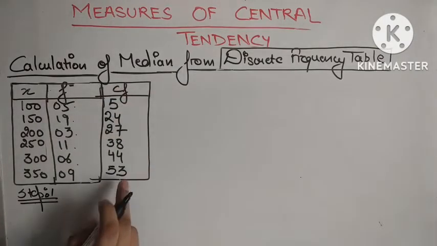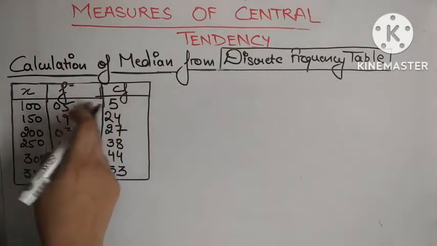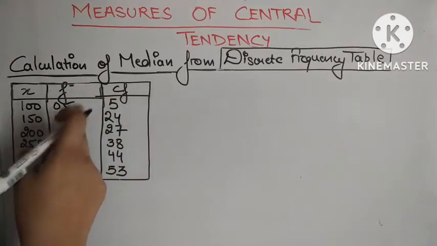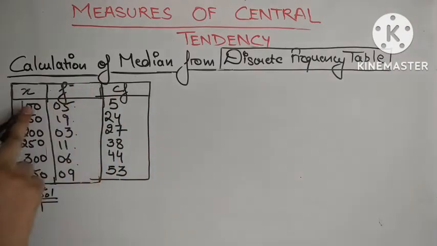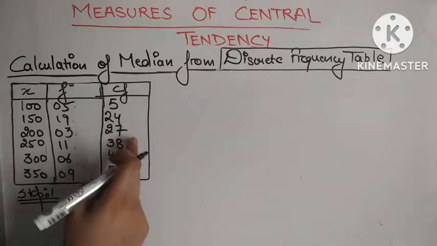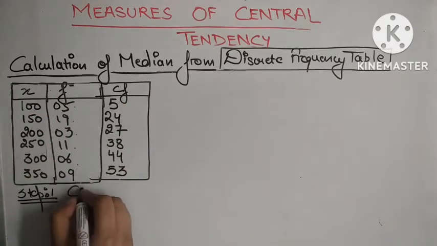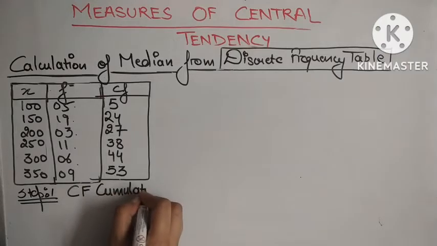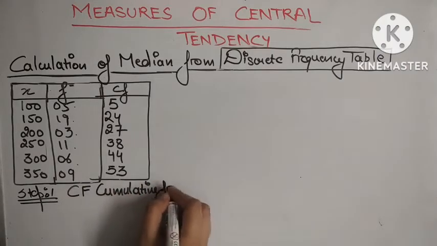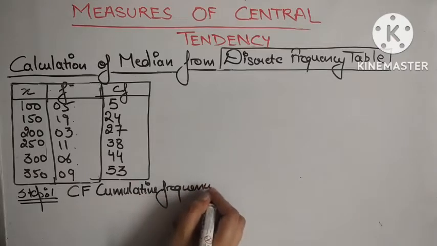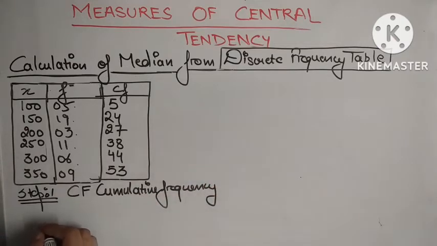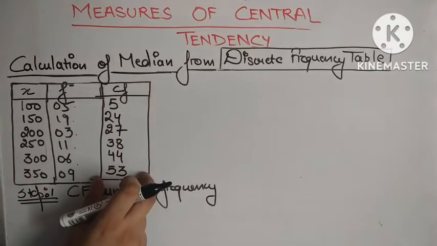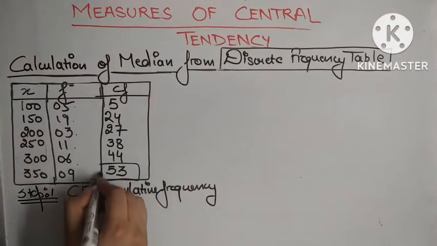So you can see that in cumulative frequency we have just added the frequency of the previous one. The first step is cumulative frequency. Then after that consider the final cumulative frequency, which is 53, as the n.